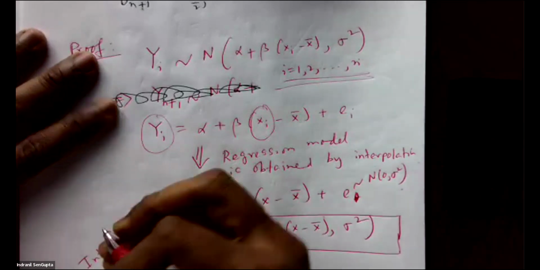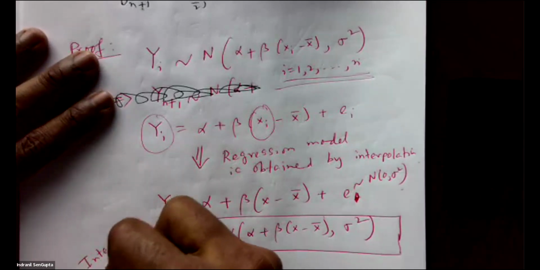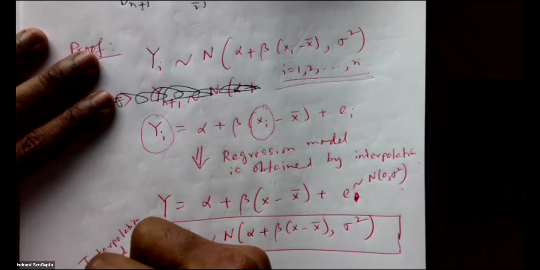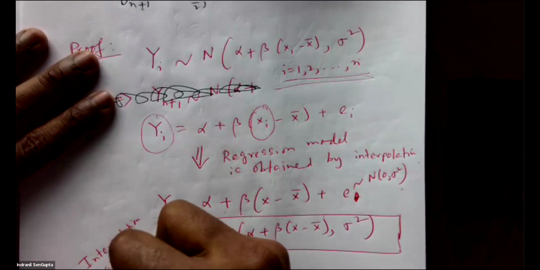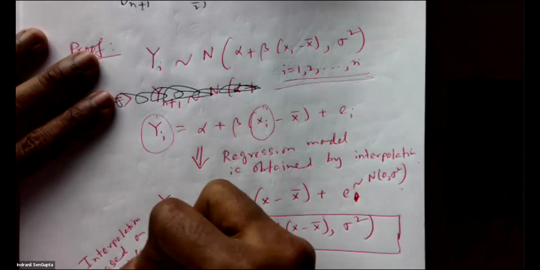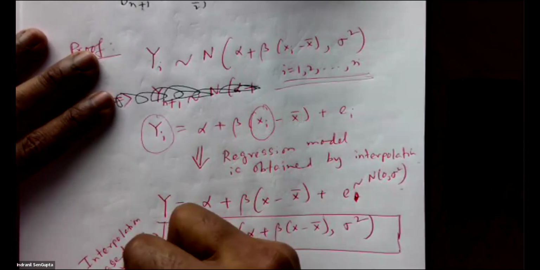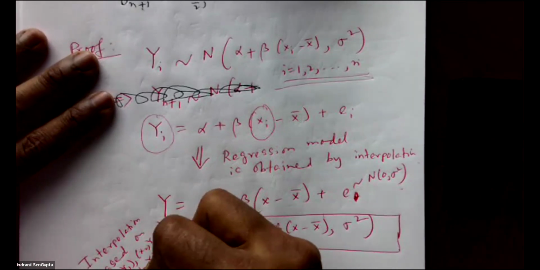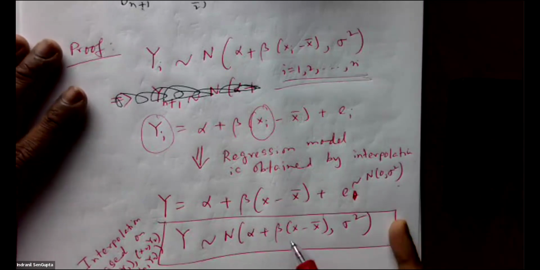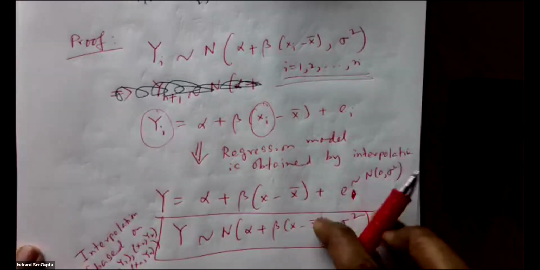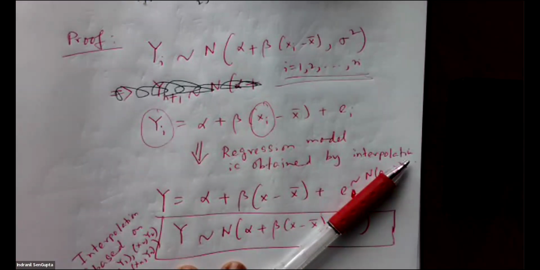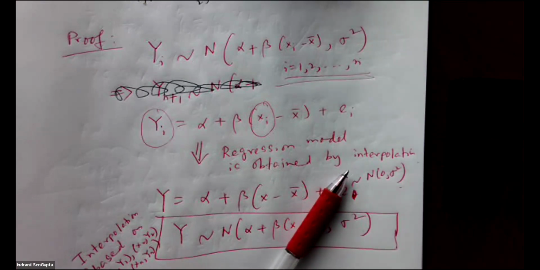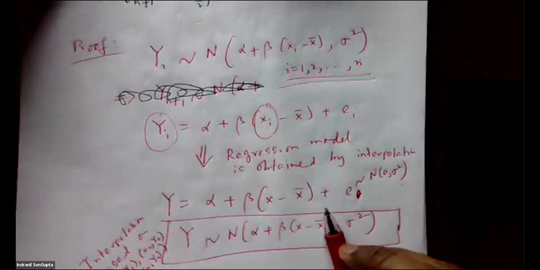Based on x1 y1, x2 y2, up to xn yn, the advantage is that now you don't really need this x to be one of those x1, x2, xn. It can be just anything.